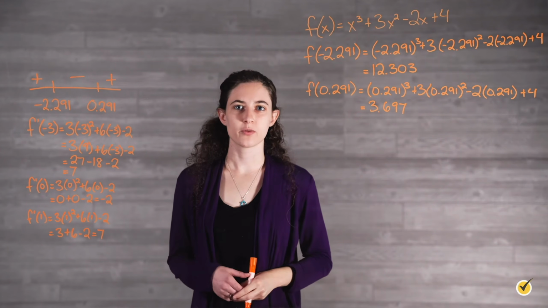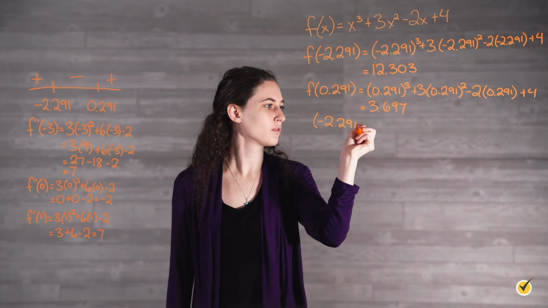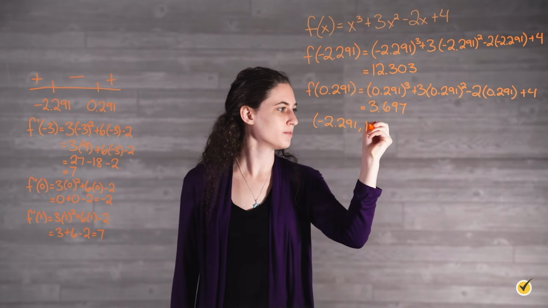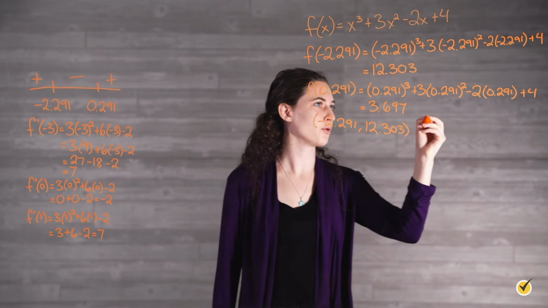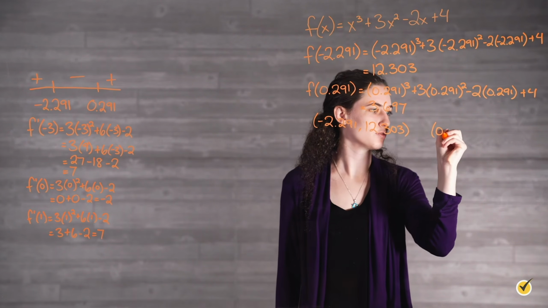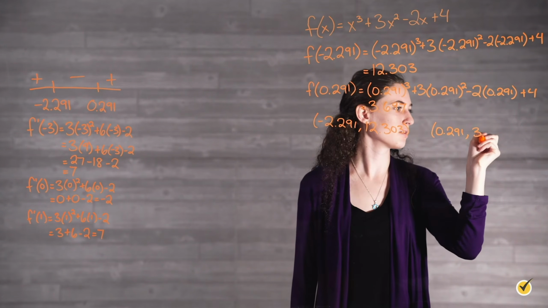We now know that we have a point at negative 2.291, 12.303, and another point at 0.291, 3.697.